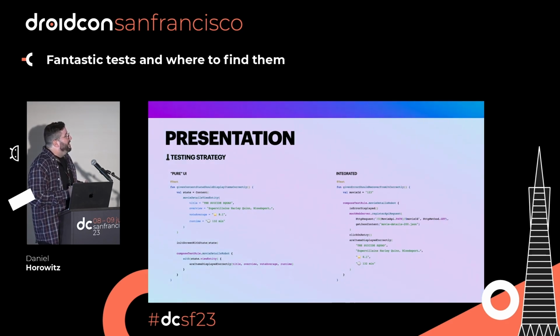First, you don't register any mock web server response, so you don't have anything, and it shows an error. You assert that the error is there, and then you register the API call, you click on retry, and you see that the UI actually recovered from this.